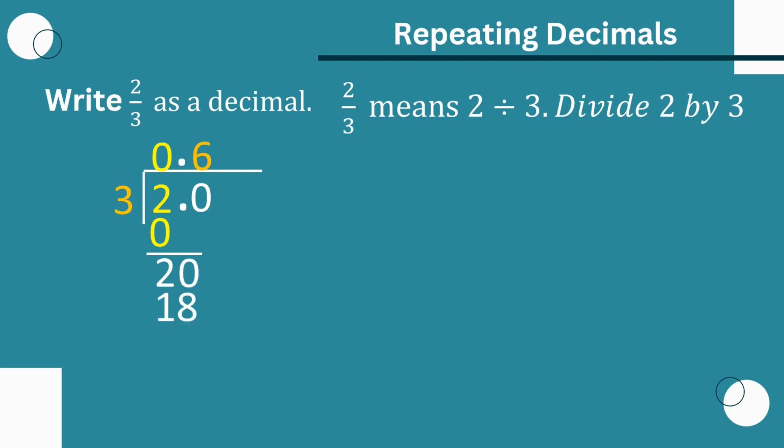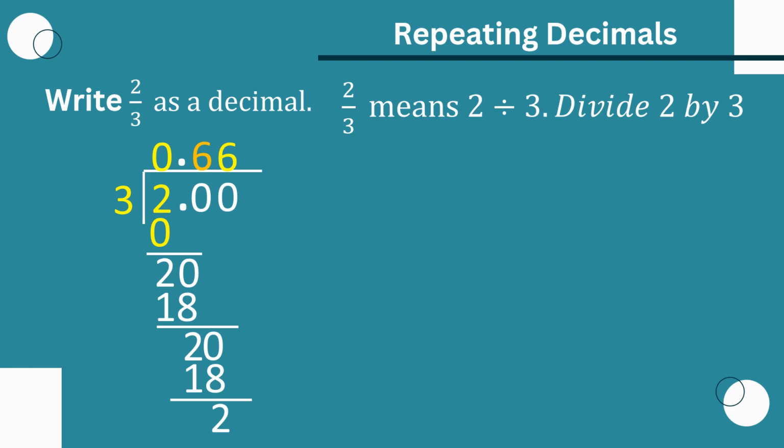6 times 3 is equal to 18. 20 minus 18 is equal to 2. Then we can add another 0. Bring down 0. 20 divided by 3 is equal to 6. 6 times 3 is equal to 18. 20 minus 18 is equal to 2. Look at our remainder. It is still 2.